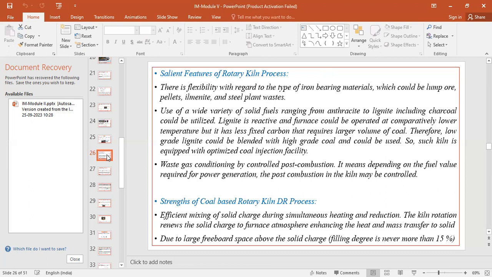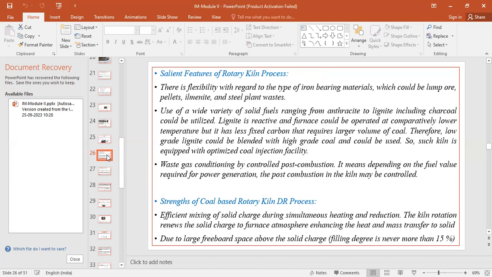You can also use a wide range of solid fuels, ranging from anthracite to lignite, because the main objective of using this route of iron making is that we need not go with coking coals. We can produce DRI with non-coking coal, which is abundantly present in the country.